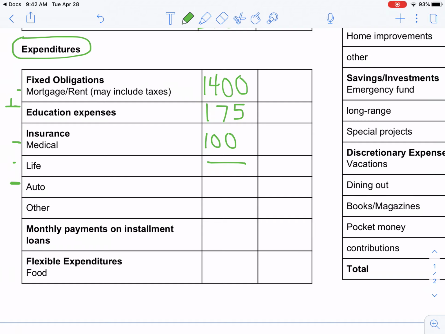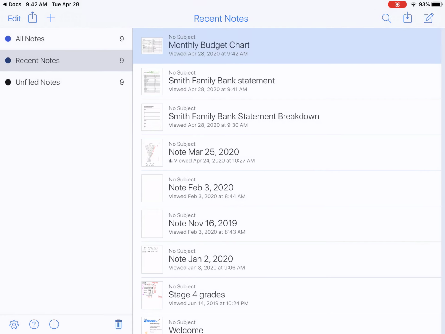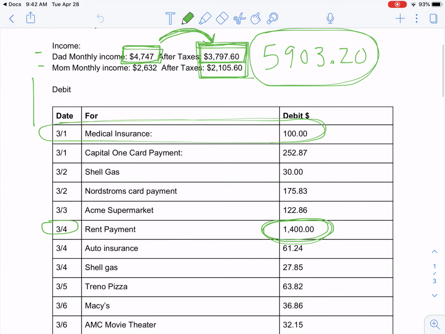Auto insurance. Now, auto insurance is different than car payment. So let's find auto insurance. Auto insurance is right there, and they are paying $61.24 for their auto insurance each month.